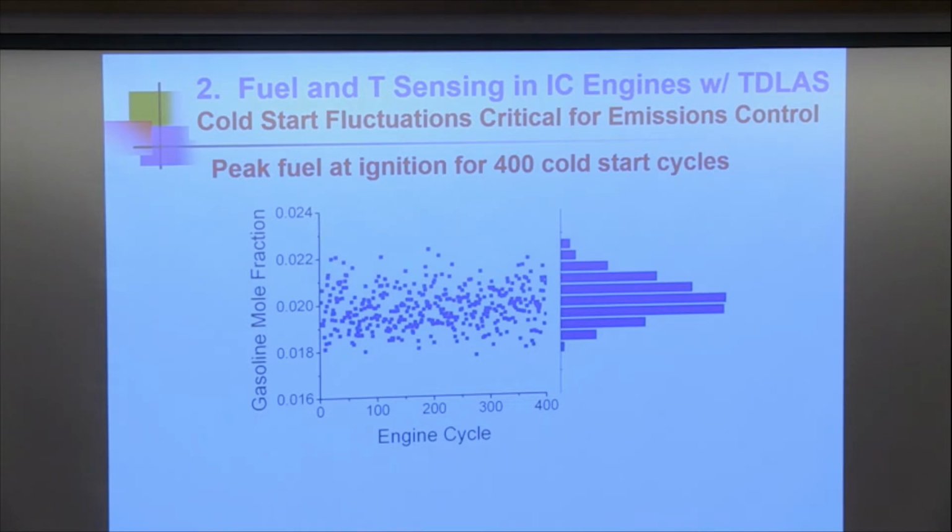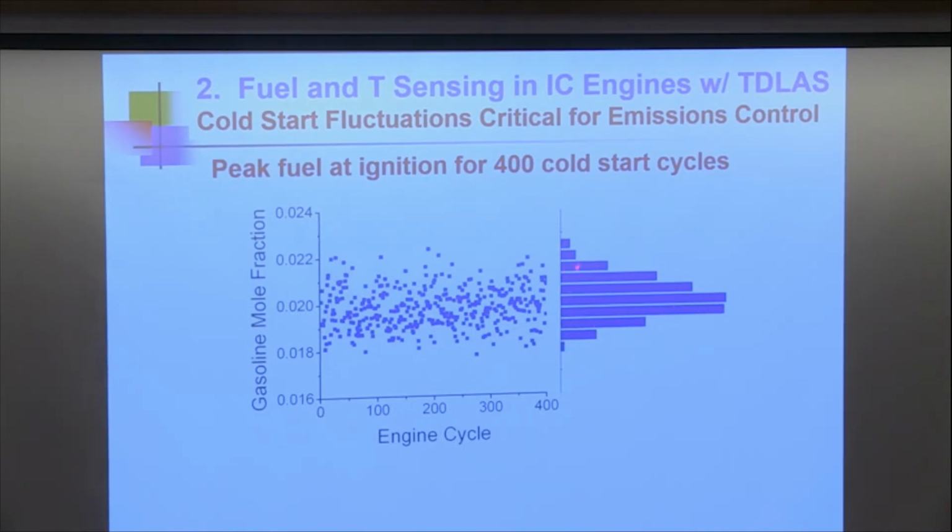At the time, I don't know what it is now, they wanted to understand the first 400 engine cycles. So when you first crank up the engine over 400 events, what is the variation in the gasoline mole fraction at this location? So the plot on the right basically shows the statistics.